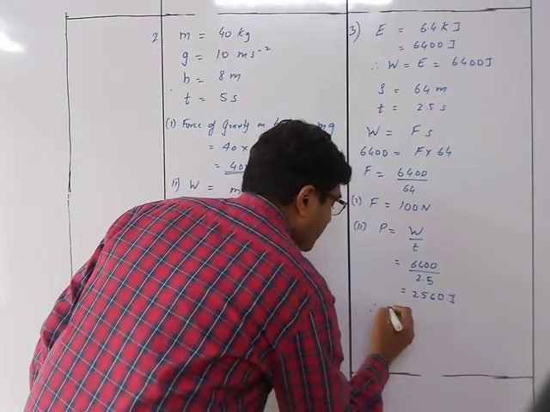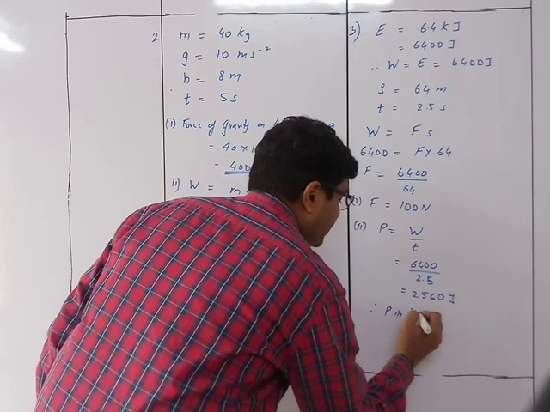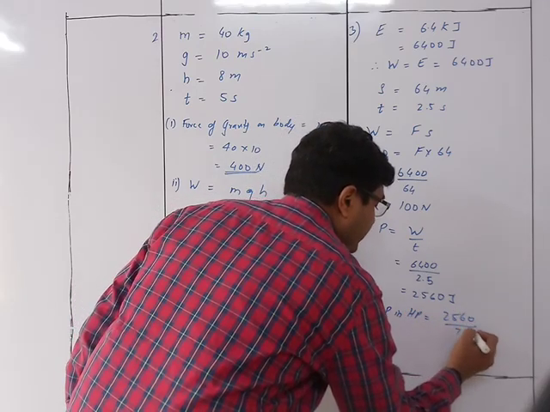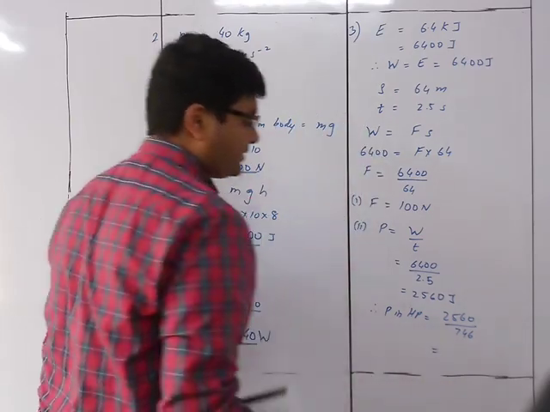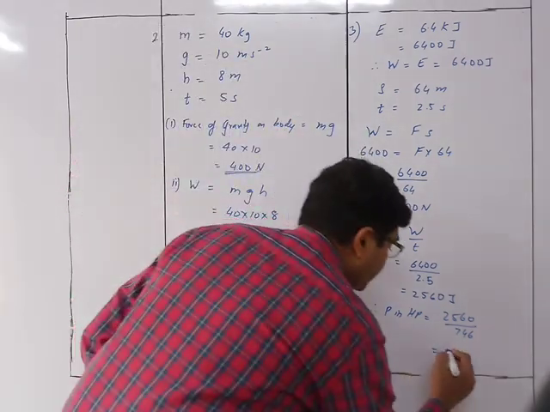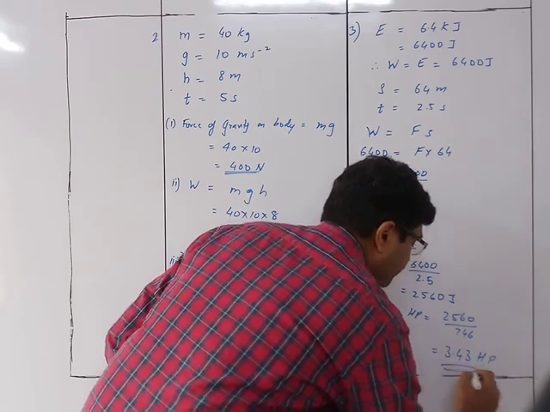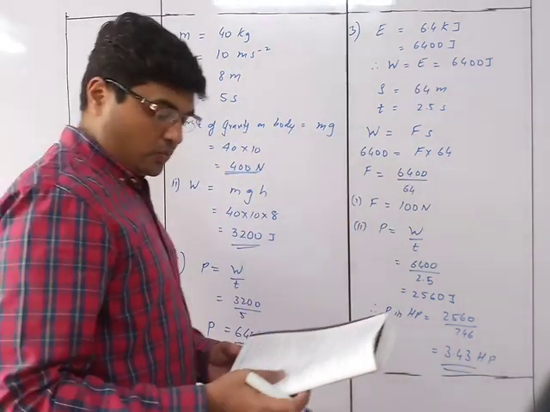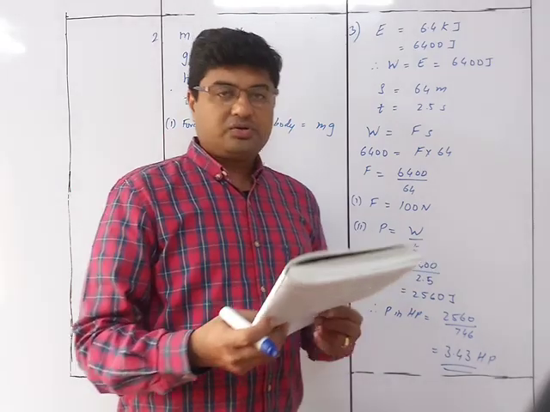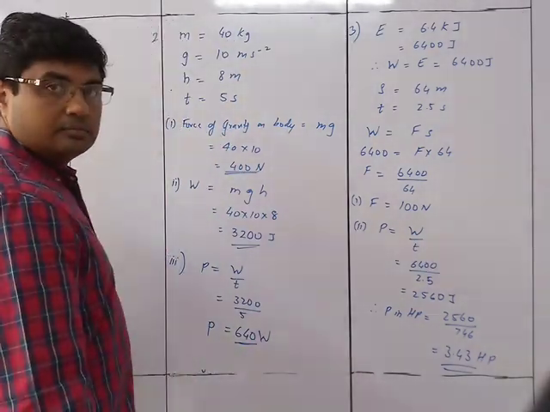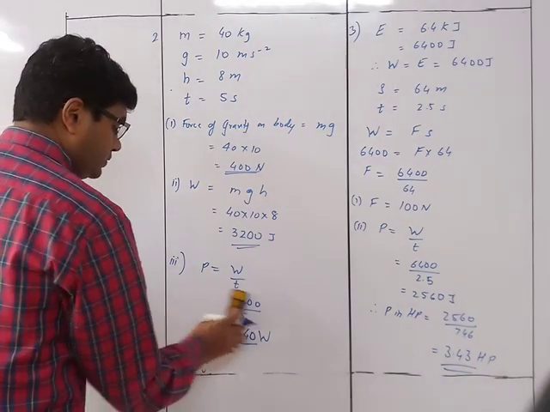Therefore, power in HP is equal to 2560 upon 746. That will give me something like 3.43. So 3.43 HP. Got it? This was sum number 3. Clear? Right.